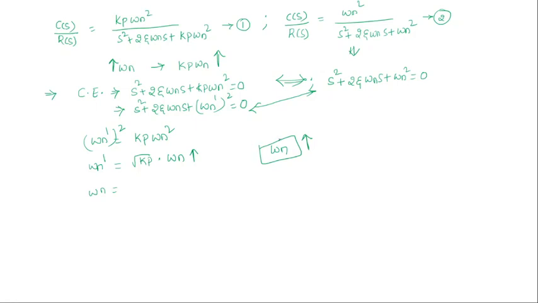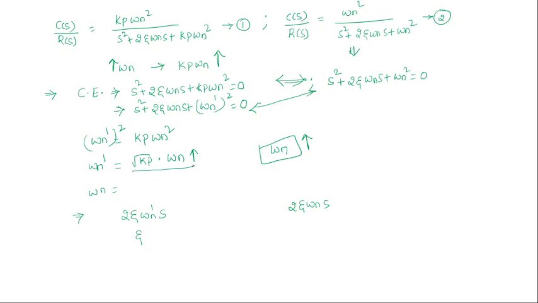What are the different effects when we increase the omega n value? By adding the proportional controller, the omega n value increases. Now we are going to study the different effects when the omega n value is increased. Here, with proportional controller 2 zeta omega n dash s, without proportional controller 2 zeta omega n s.